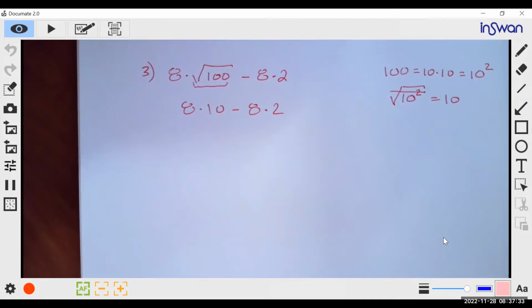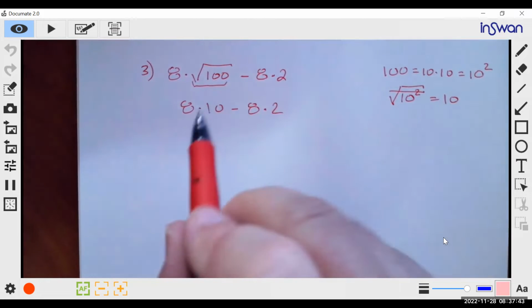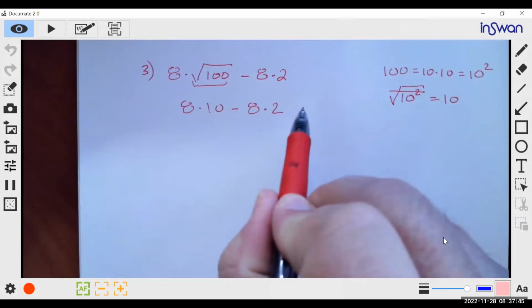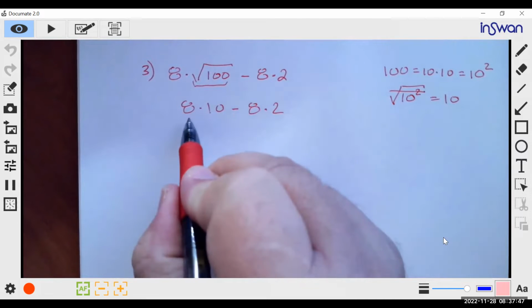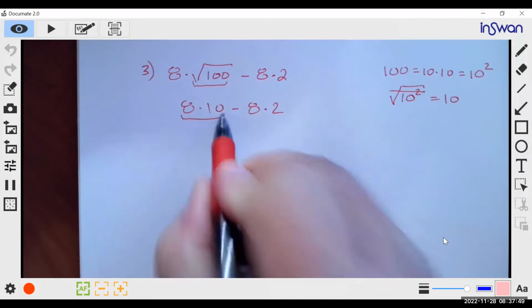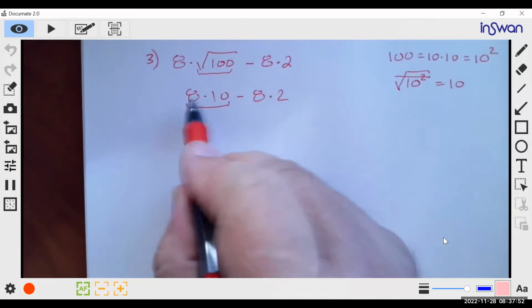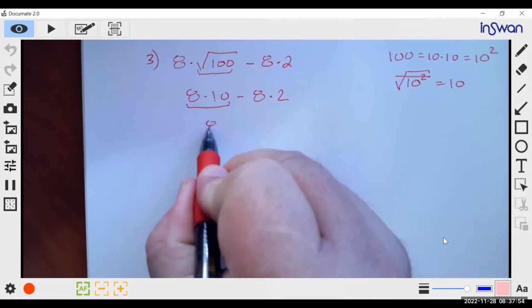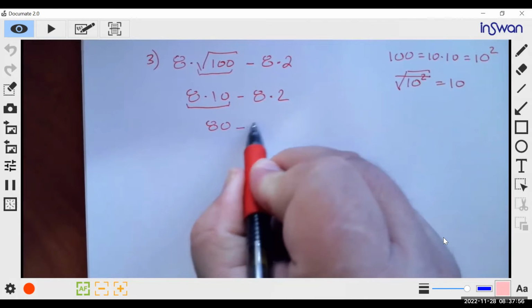What's second in the order of operations after special operations? Multiplication, division. So read left to right. Are there any division or multiplications? Yes. Here's a multiplication. 8 times 10 is 80.